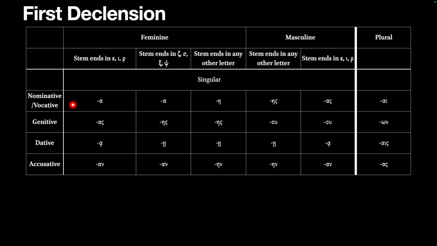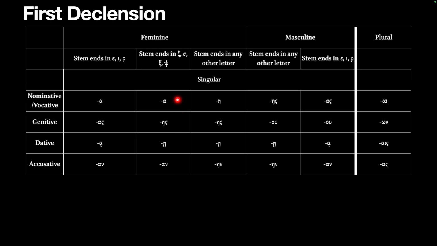And these are all just the singular here, you will notice. So stems, that is, if the base root of the word ends in an epsilon, iota, or rho, you can expect it to follow those alpha endings. If the stem ends in a zeta, sigma, xi, or psi, it's going to use those alpha endings for the nominative, vocative, and the accusative, but it's going to go to the eta endings.